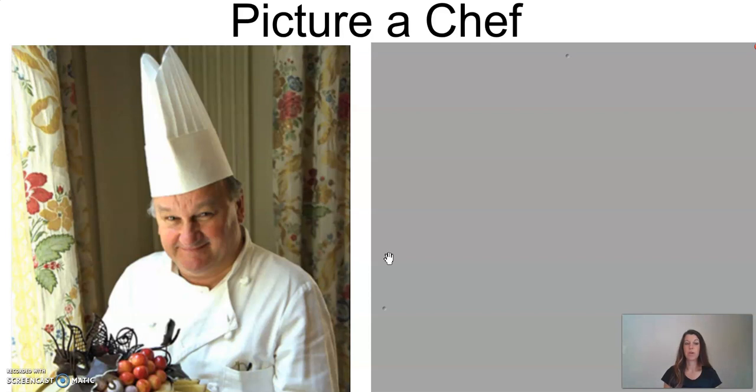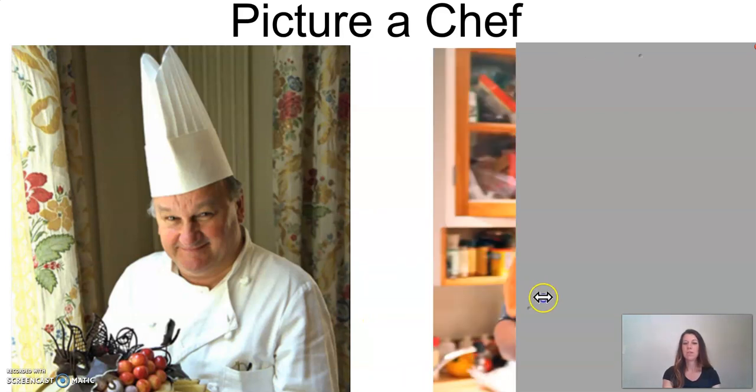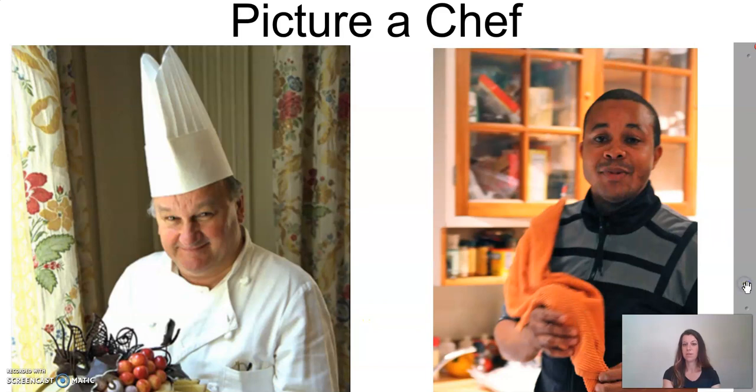Did you picture someone with a tall baker's hat and a chef coat? How many of you pictured a chef that looked something like this, though? If you had to guess which one of these is the stereotype, which one would you choose? If you chose the first picture, that is the stereotype.